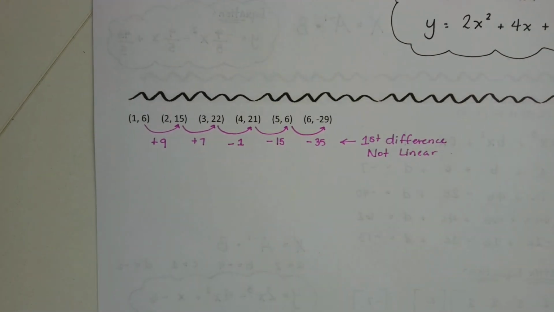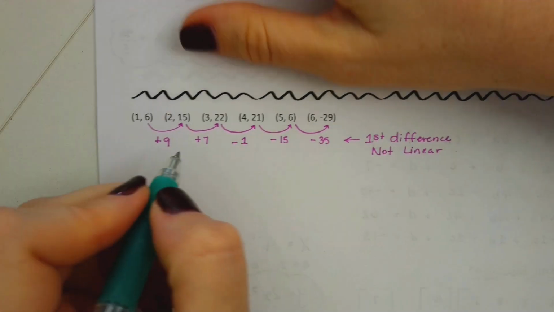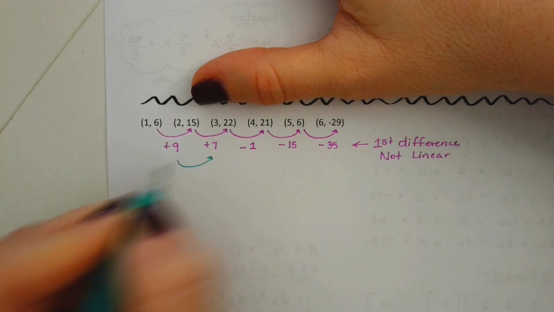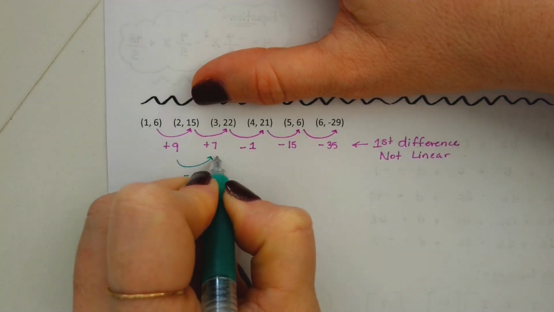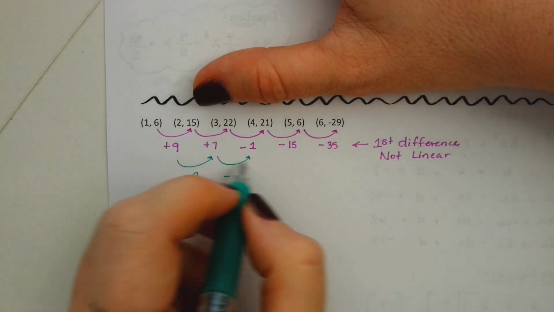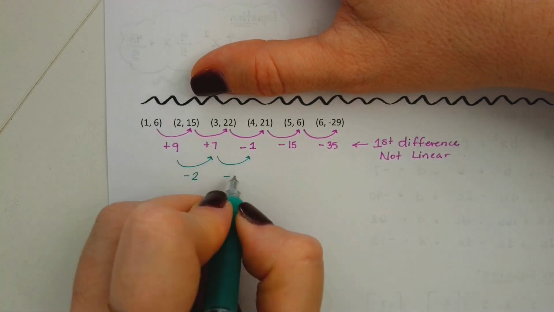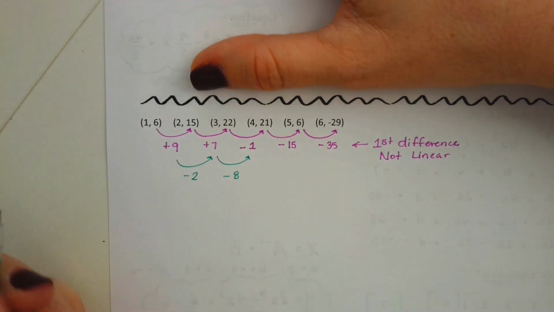So then we're going to look for our second differences, the differences in these differences. Okay, so 9 goes to 7, which is a decrease of 2. 7 goes to -1, which is not a decrease of 6, a decrease of 8. Yeah, 7 went to -1, that's down 8.